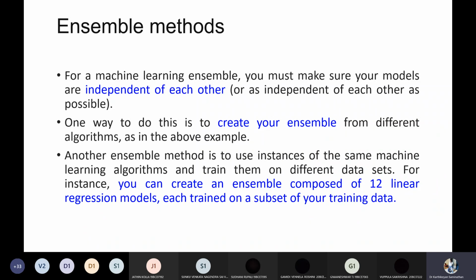You can apply any one of these ensemble methods and get the result. This result will give you a better prediction than directly applying linear regression, neural networks, or any other algorithm. This is the simple way of understanding ensemble methods. I hope you got it.